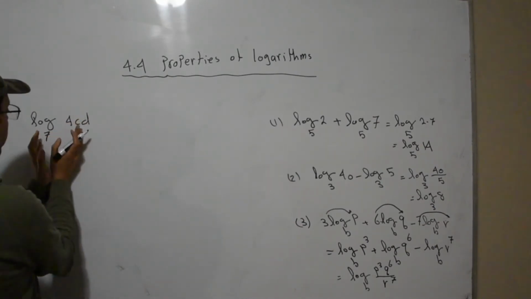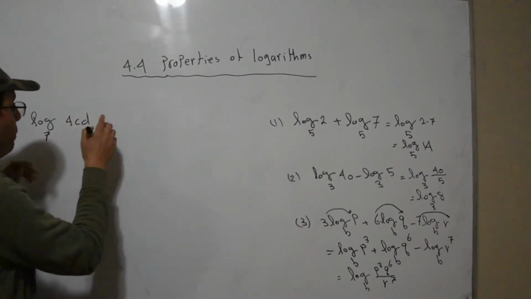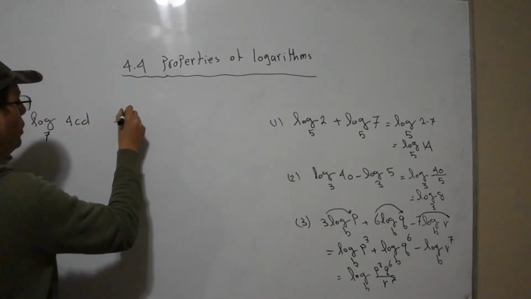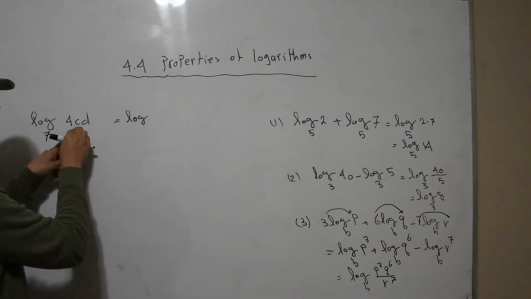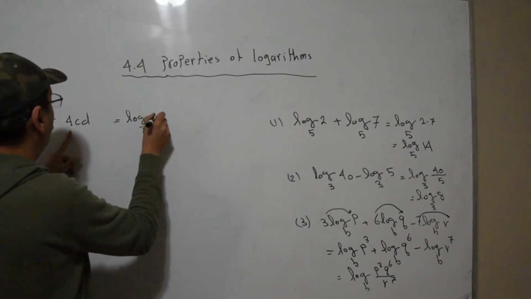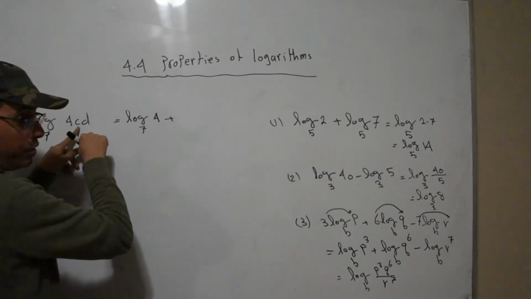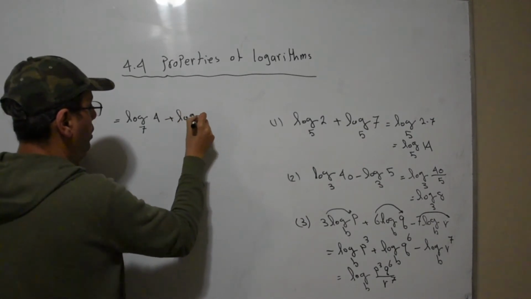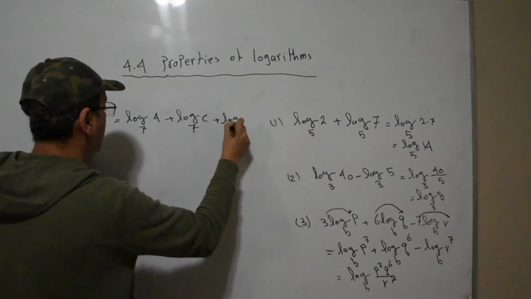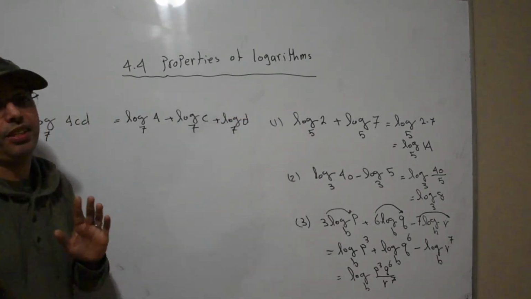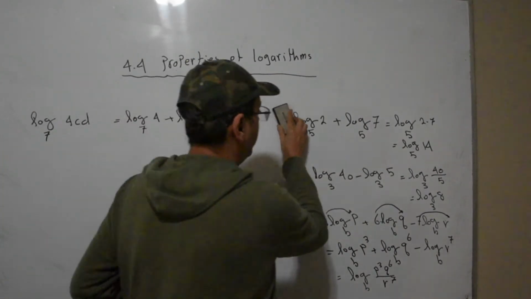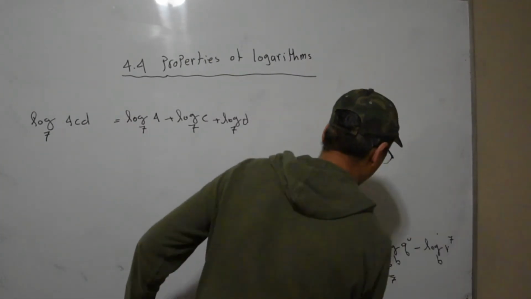So this is a product, so I'm going to extend it to 3 logs. I have a product of 3 terms here, so I have log base 7 of 4 plus, because it's a product, log base 7 of C plus log base 7 of D. Is that clear? So this is a very simple example, but we're going to learn about the idea in the next examples. Okay?